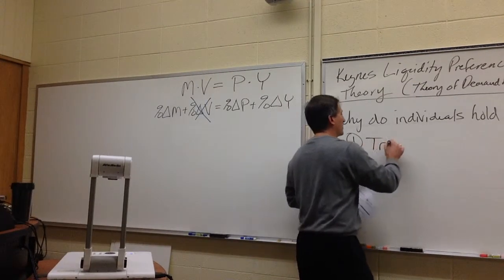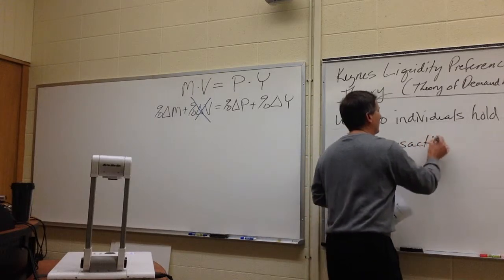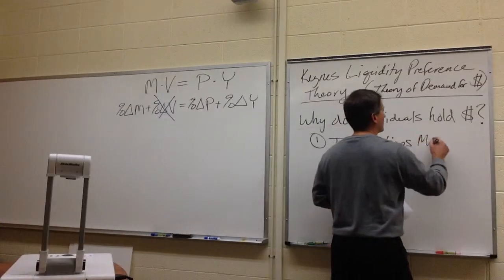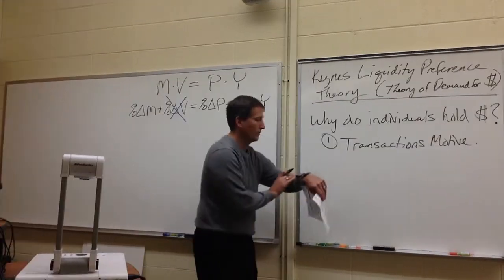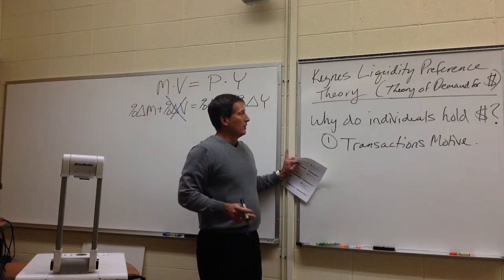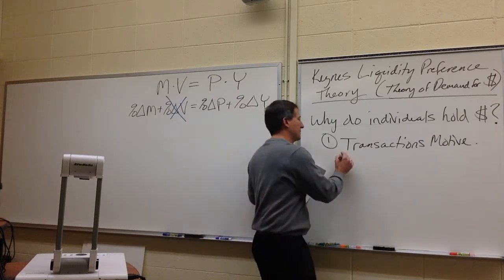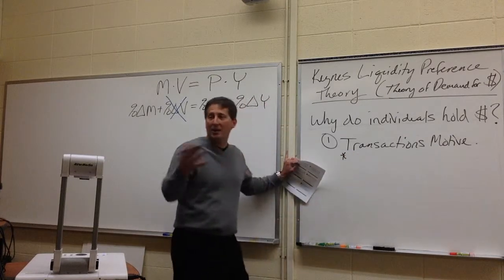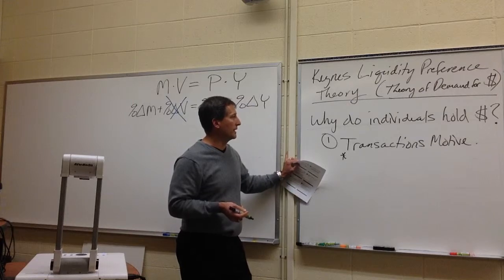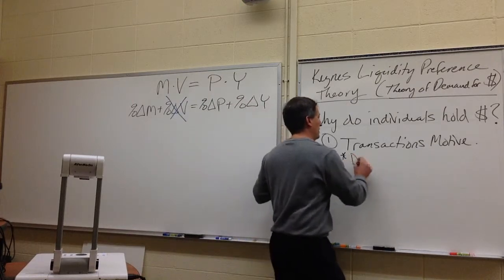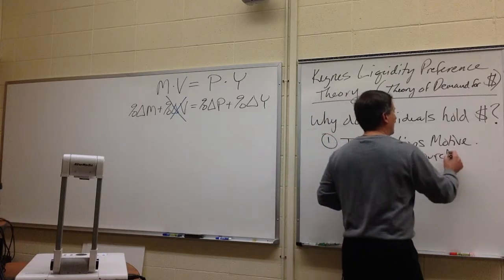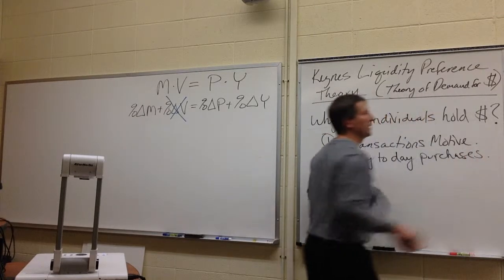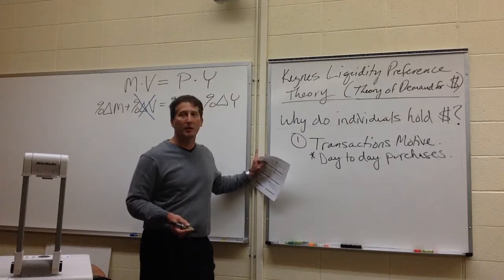One is for transactions, the transactions motive. Just as it sounds, we need cash on hand to do our day-to-day purchases. Day-to-day purchases is one reason that we would want to hold currency.